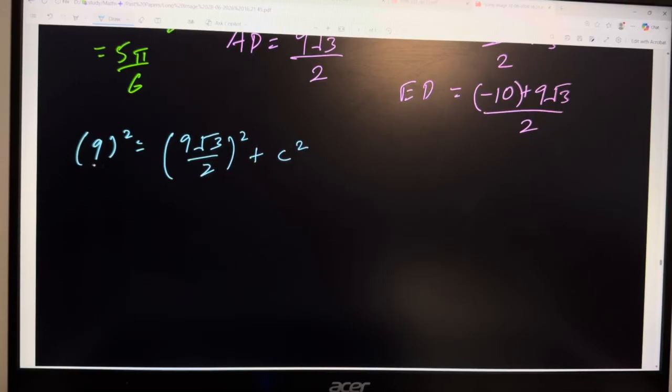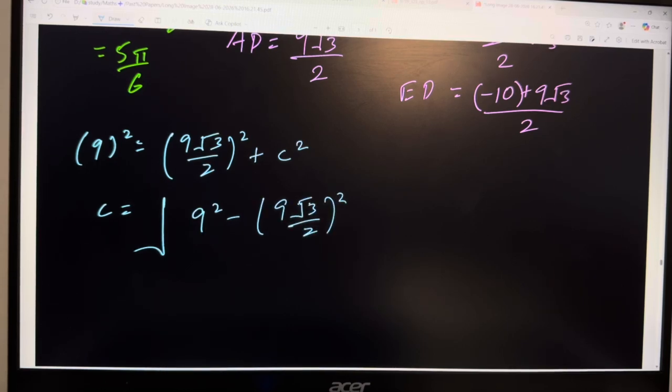So c is equal to under root of 9 squared minus 9 under root 3 upon 2 squared. So this becomes c equal to 9 upon 2.